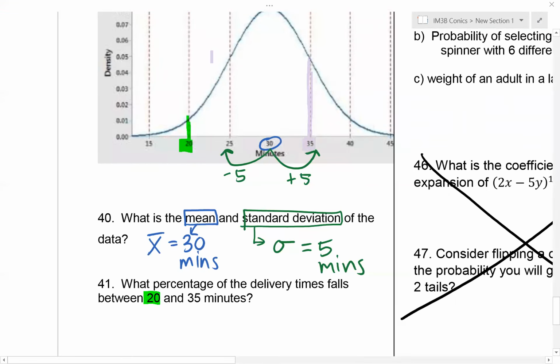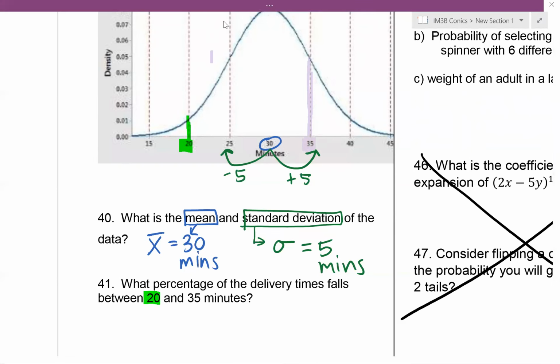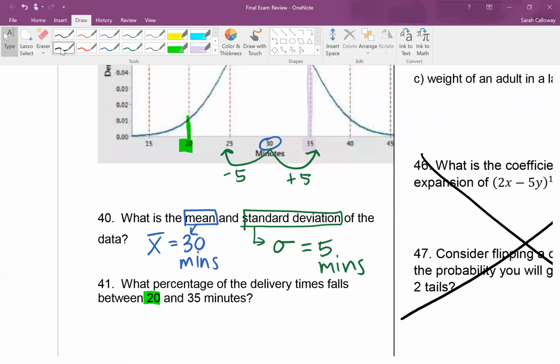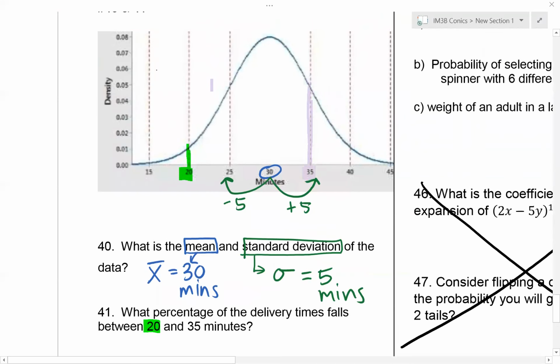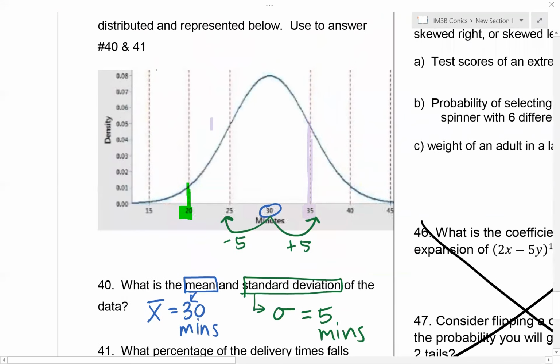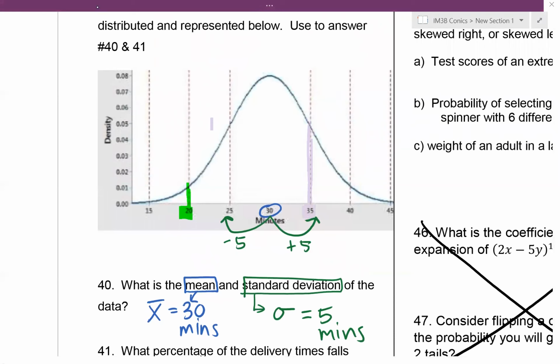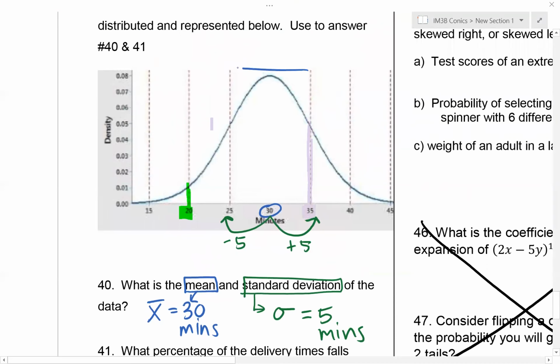Remember that the empirical rule is also called the 68, 95, 99.7 rule. So that means that this chunk of the graph is 68% of the data.